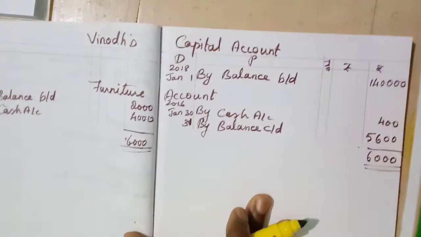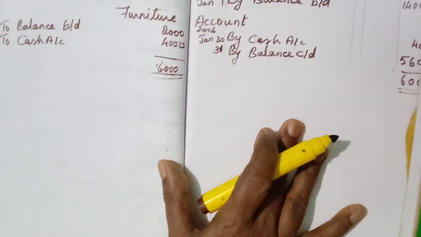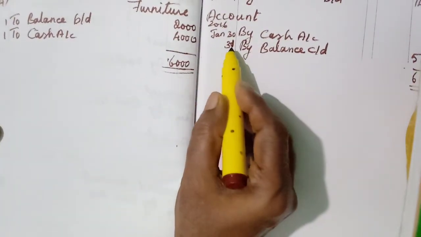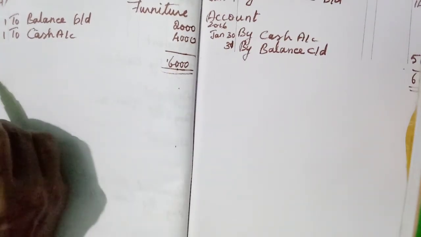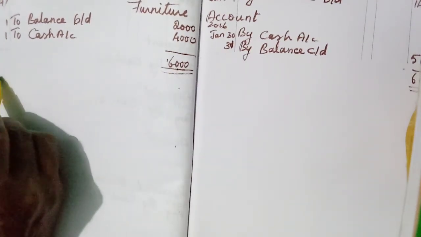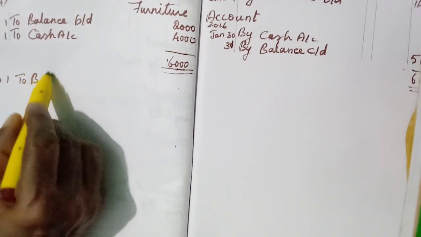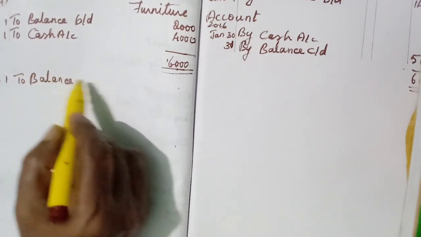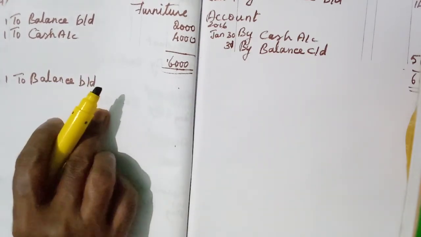Then what we should write now? Next date is February 1. So here below this amount line you have to write February 1 to balance brought down. This carry down will become the opening balance.